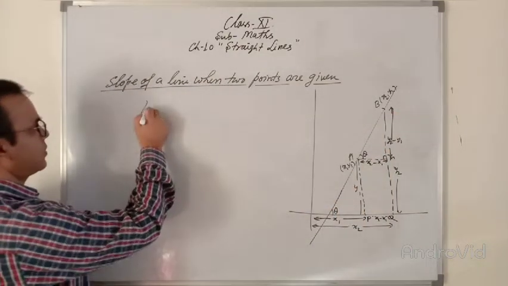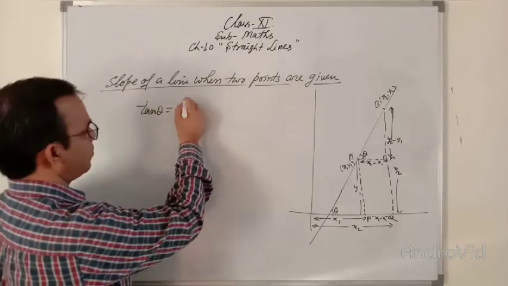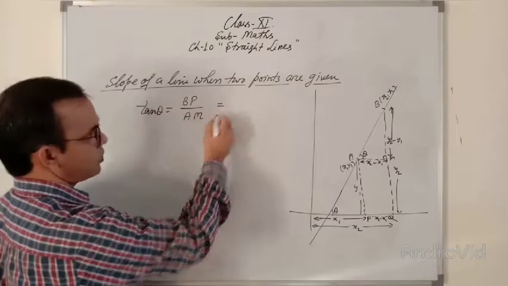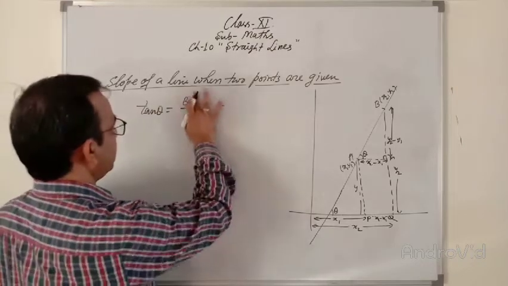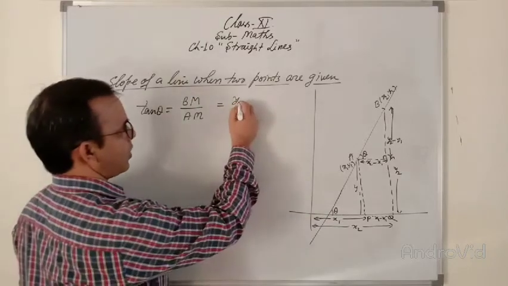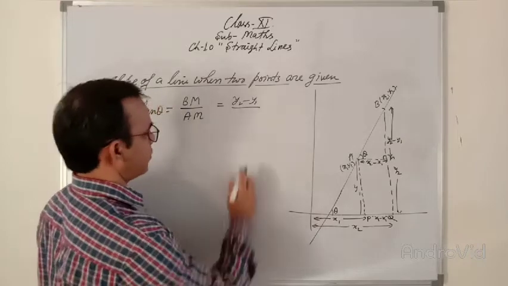So from this we can get the value of tan theta equal to perpendicular upon base, so BM upon AM. BM is y2 minus y1 and AM is x2 minus x1.